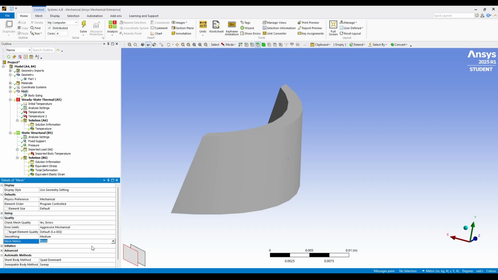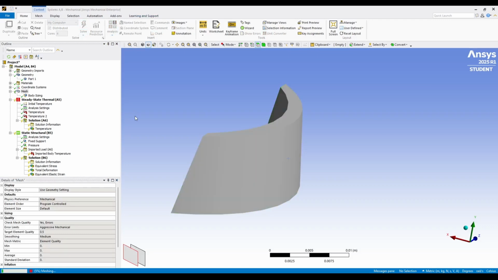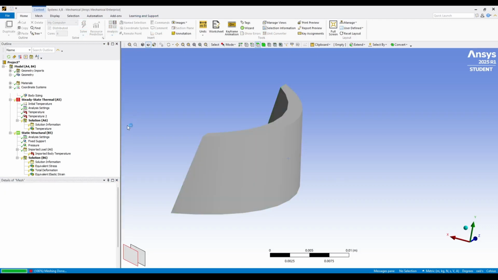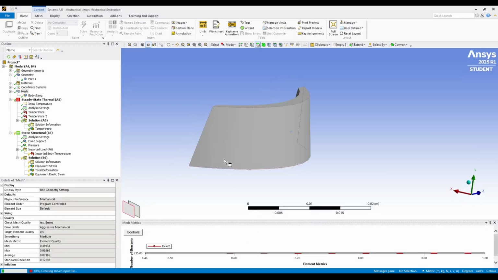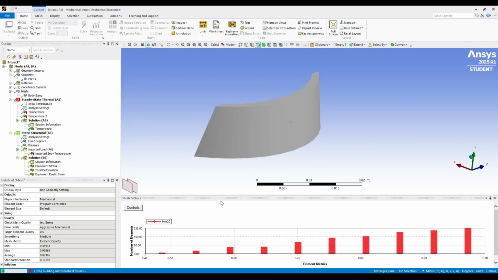This temperature gradient creates non-uniform thermal expansion within the dam body, which plays a significant role in stress development when combined with mechanical loads. After applying these loading conditions, the results are obtained by using the imported thermal load within the static structural analysis. This allows the temperature effects to directly influence the structural response of the dam.